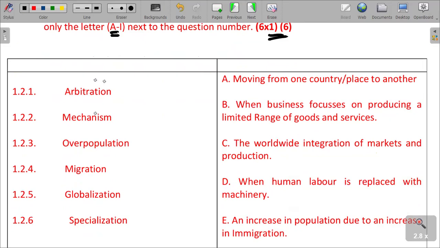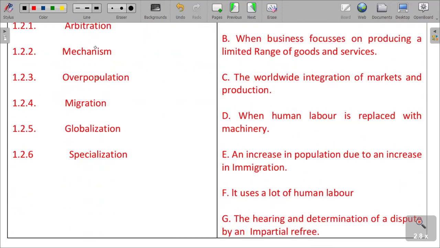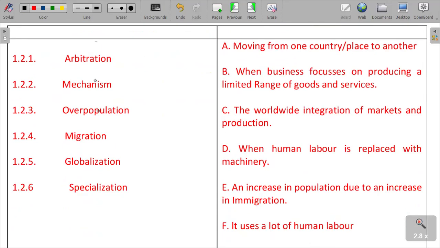So arbitration. What is arbitration? When a person is arbitrating, they are standing in between on behalf of two parties in order for them to have that reconciliation.